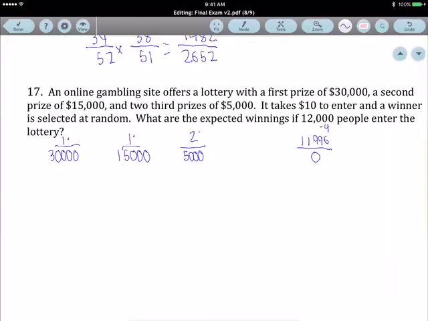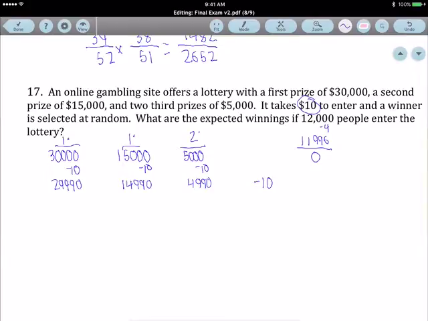You have to subtract the money they paid to enter. So they get 29,990 there. The next person, same thing. You subtract 10, and that would be 14,990. You subtract 10 from the next one, and it's 4,990. And you subtract 10 from 0, and you get negative 10 for that one.